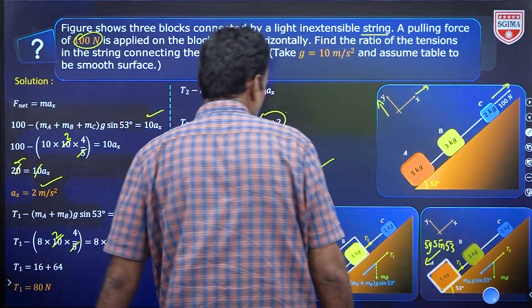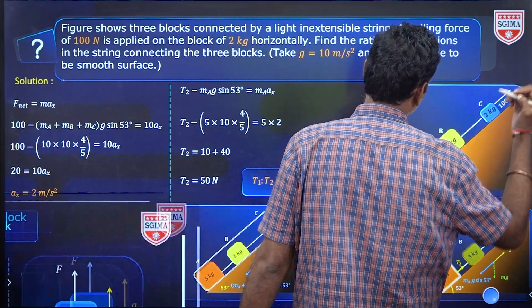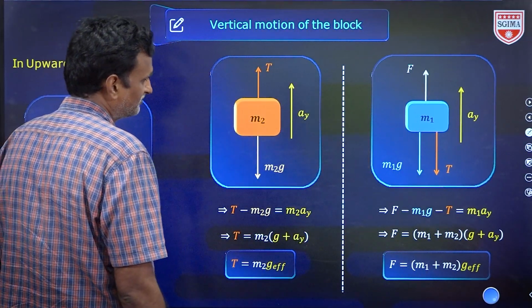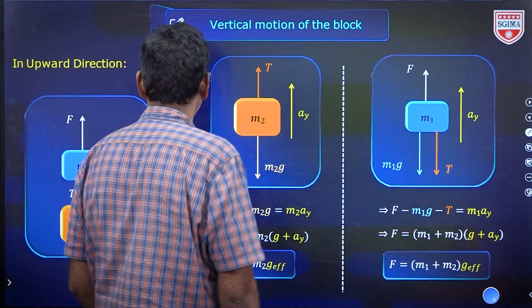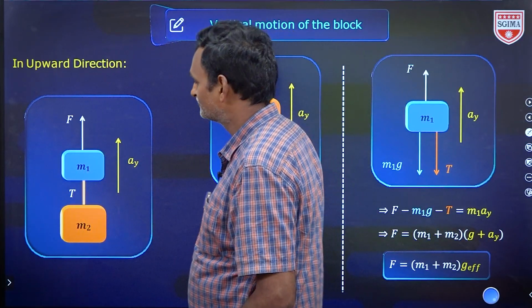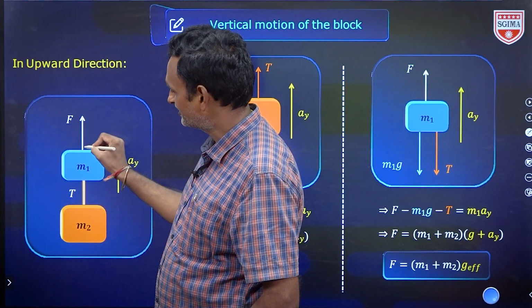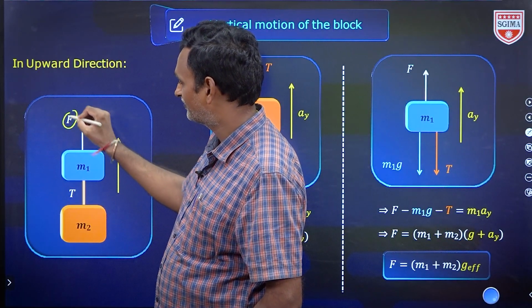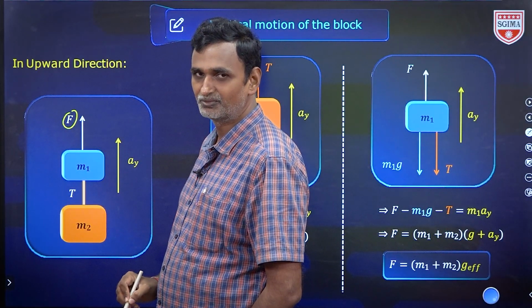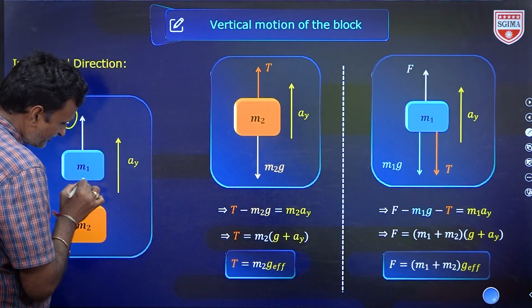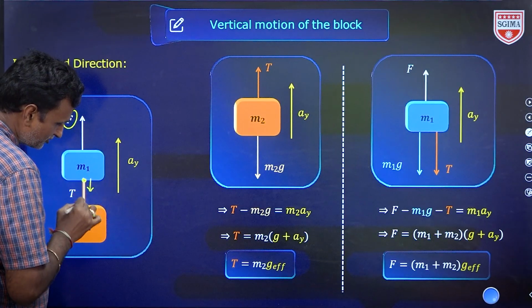Next, vertical motion of the block. Okay, see, here is the system first. M1, M2 are connected with the help of a string and it is being pulled with a force F vertically upward. But in this case, you can check, with respect to this one, tension acts downward.